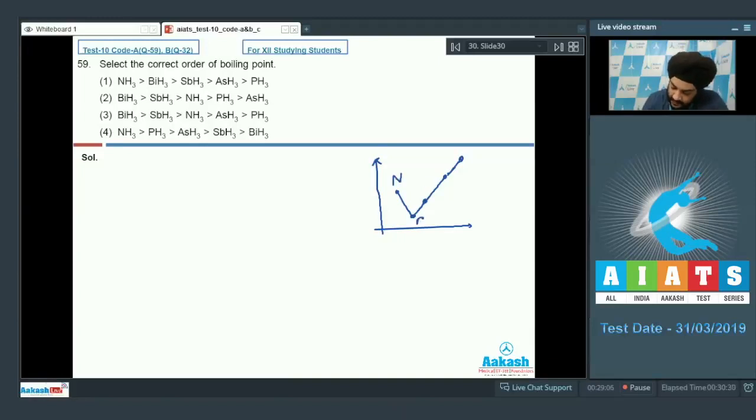So we have N, P, As, Sb and Bi. This is the boiling point versus the molar mass. Looking at the options, PH3 has the least boiling point, followed by AsH3, then ammonia, then SbH3 and BiH3, which is correctly represented in the third option. So students, for this question, we select the third option as the correct option. Let us look at the next question now.